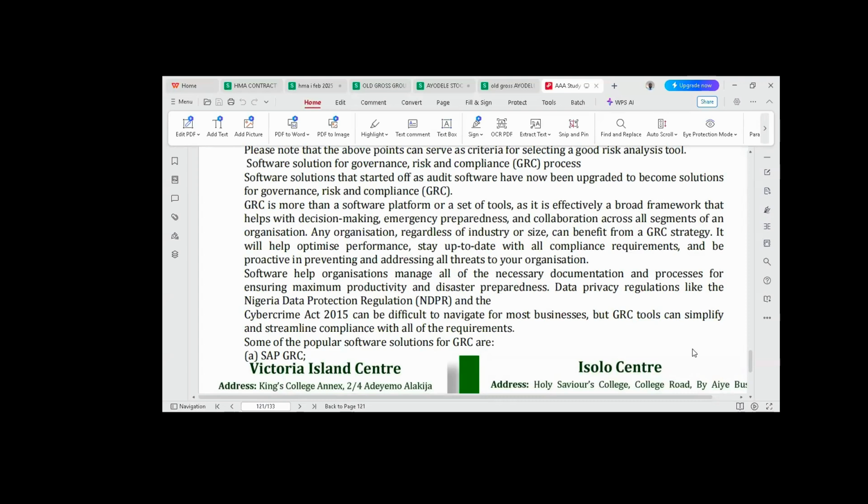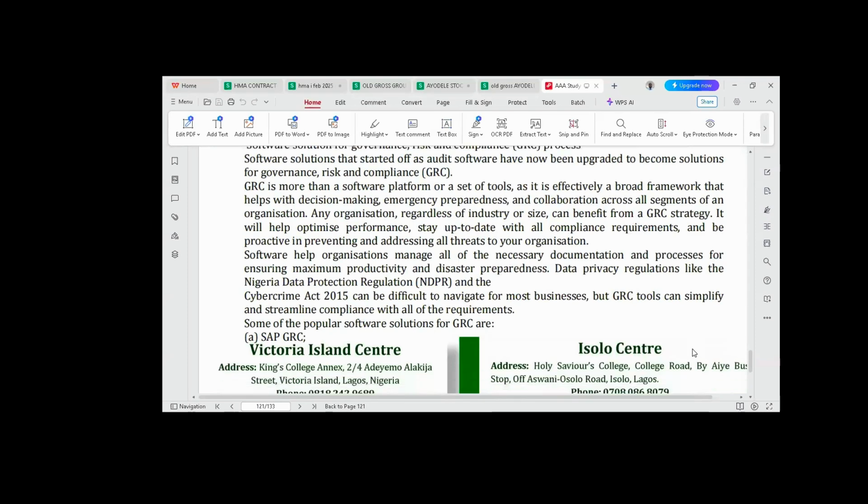All right. So what this GDPR or NDPR does is that they tend to protect the privacy of individuals, the privacy of information. It tends to protect the privacy of individuals, the privacy of information.